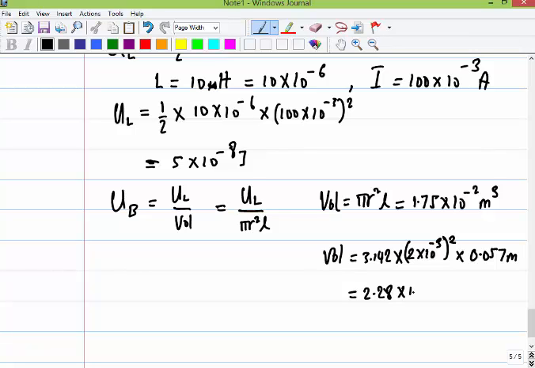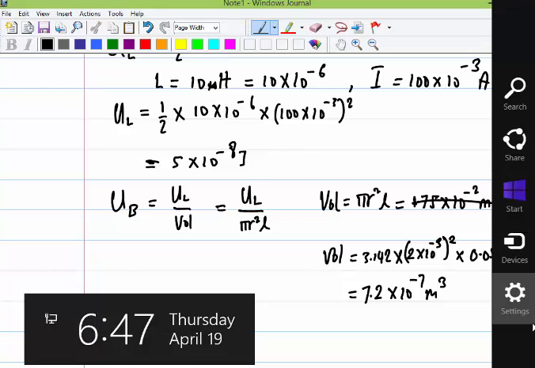I didn't multiply the pi in. Let's multiply it through. That's 7.166 times 10 to the negative 7 cubic meters. So the earlier answer is not the right one.